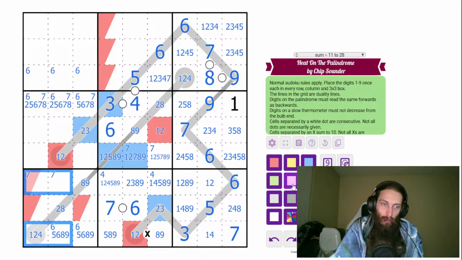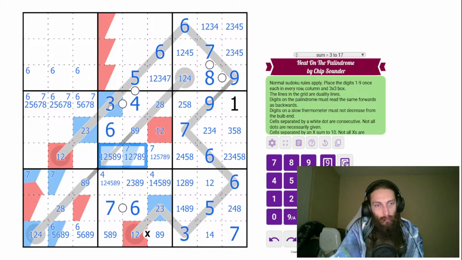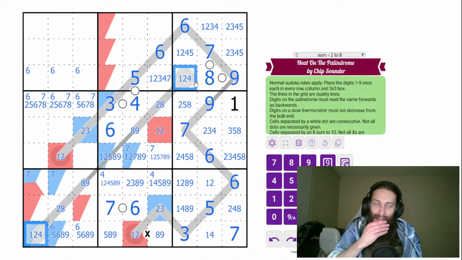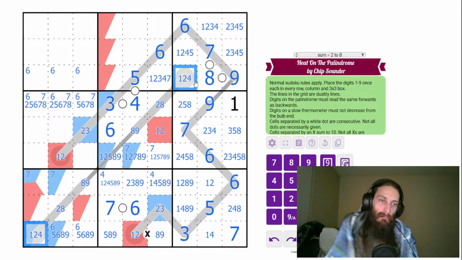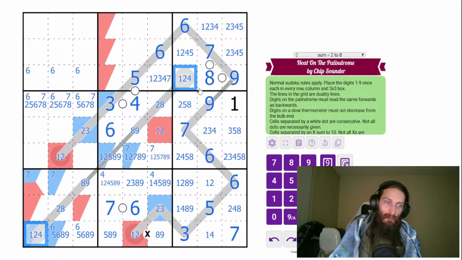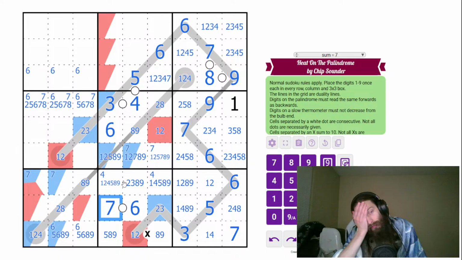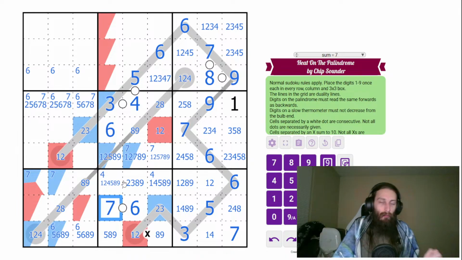Not here, not there. And now it can't be. Oh, well, it could be on the bulb. But if it was, it would be a 2, giving me 8 and 9.